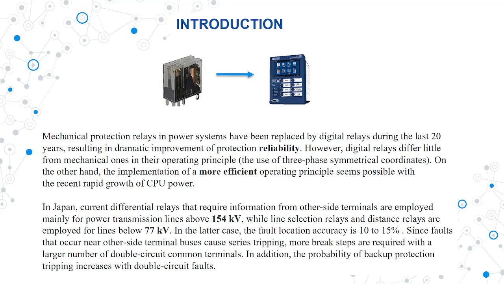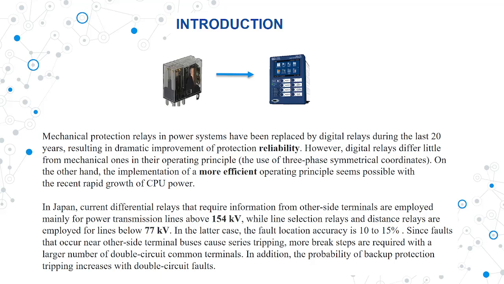Before, for many years, we were using mechanical relays. Now the relay concept has changed dramatically. Before that year we were using mechanical protection relays, and now we have moved forward into digital relays.